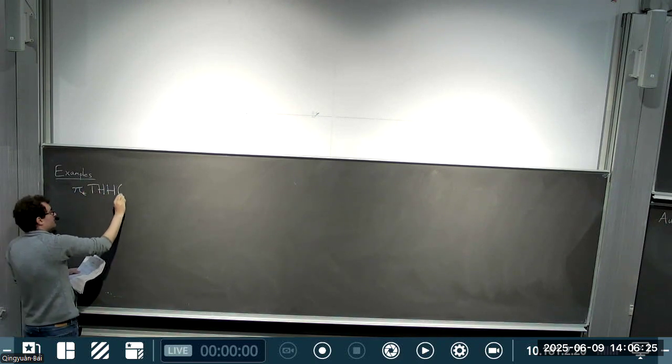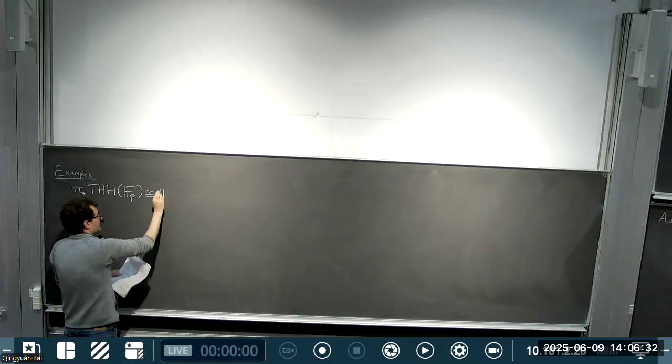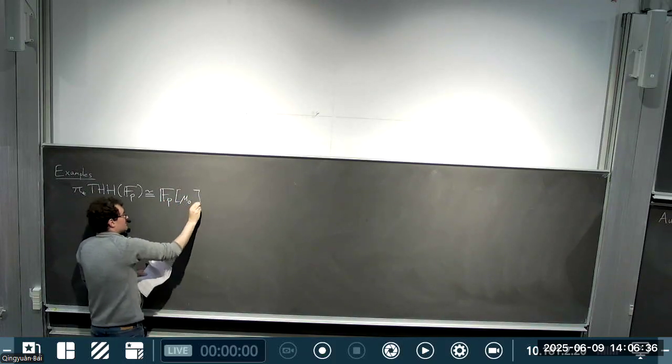Like some famous examples. Just the limit up here to P-adic to the P. We went with that's F_p adjoining the mu_0.